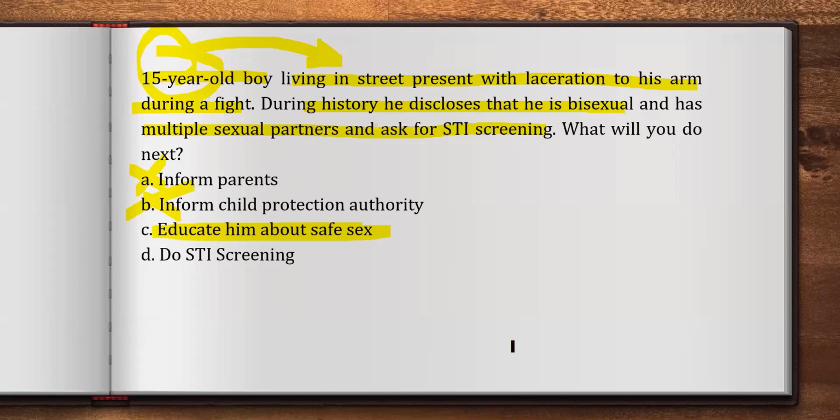Obviously, a person living in the street, bisexual, with multiple sexual partners, will need safe sex education. So first thing is education followed by STI screening.